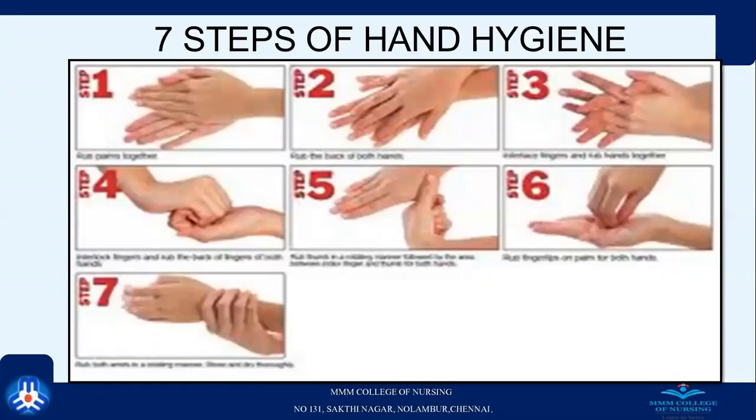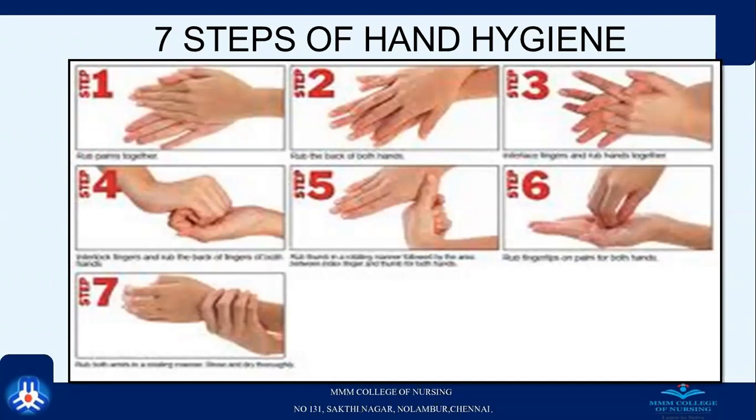What are the 7 steps of hand hygiene? Before we start with the steps, we need to wet our hands under running water and then take soap solution in the palm. Now we start scrubbing. The first step is palm to palm. Second step is palm over the dorsum on both hands.